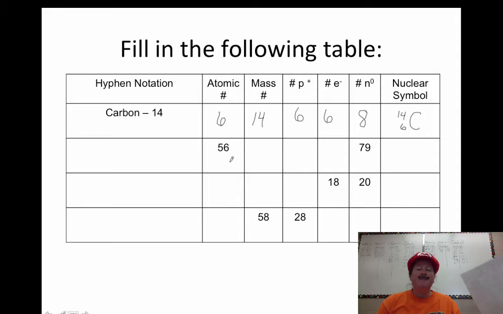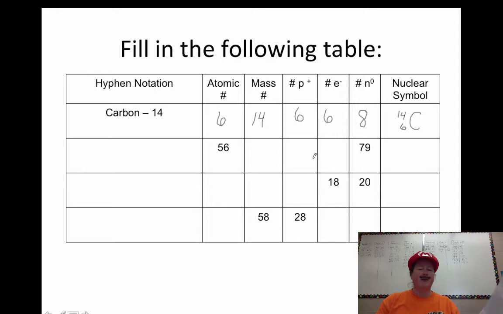This is an element with an atomic number of 56 and 79 neutrons. All right, atomic number of 56. Again, I do not have the periodic table memorized, and I probably need some cheater glasses to see this better. I will have to hold it out, and you get to see me in prime form here.